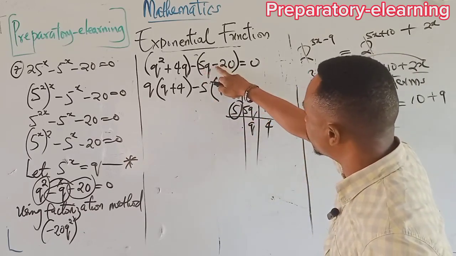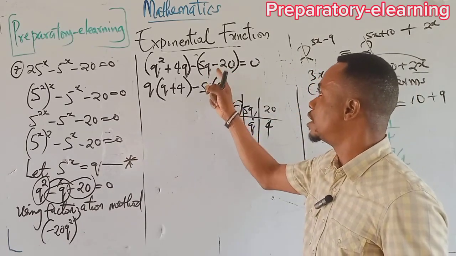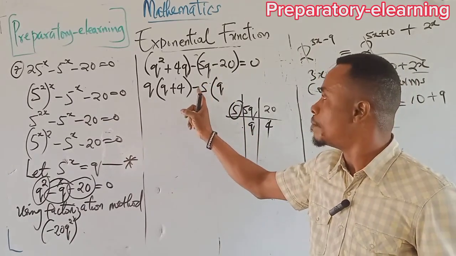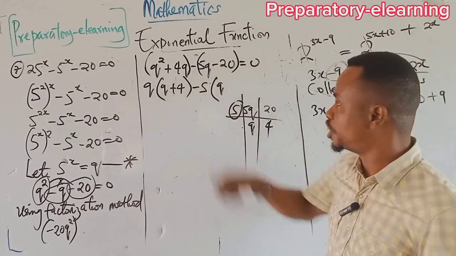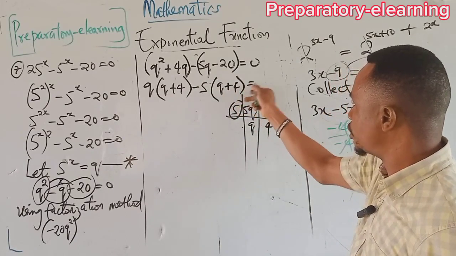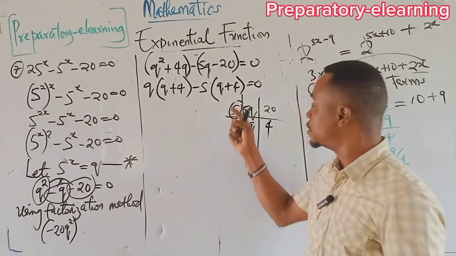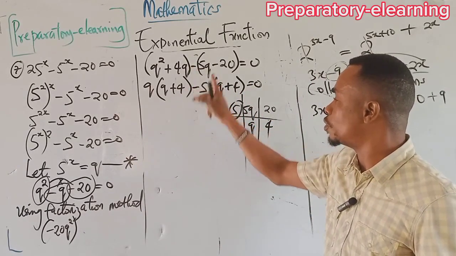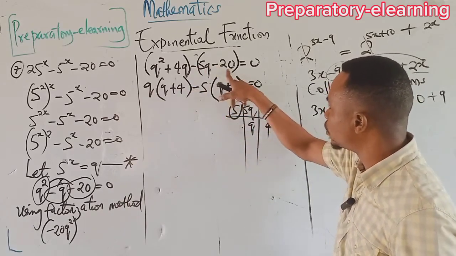Now, this minus, I want to bring down this minus, but you don't bring down this minus because you have minus outside the bracket. Anytime we have minus outside the bracket, whatever sign that we have inside here will change to plus 4. The reason is that if we open this bracket, minus 5 times q is minus 5q, and minus 5 times positive 4 is minus 20.